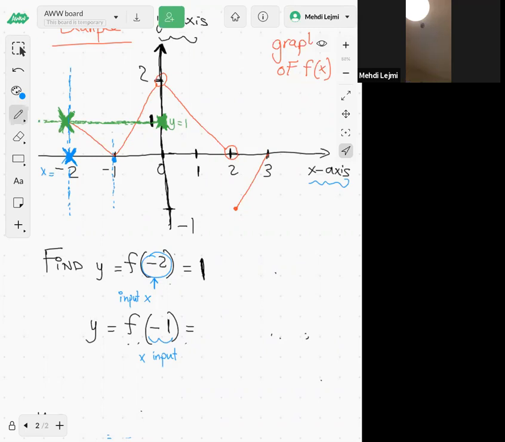Where does it intersect the red graph? It's going to intersect the red graph at the same place here, the same point. Now I'm supposed to draw a horizontal line passing through that point and going to the y-axis. You're going to get y equal to 0, right? So f of -1 is 0.